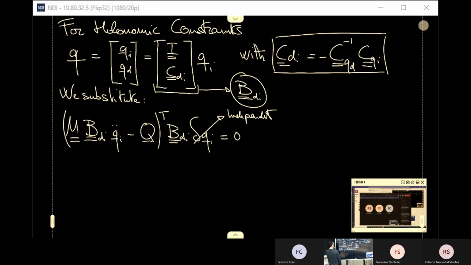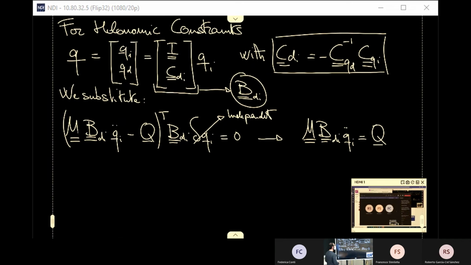Right? And so basically we pass from this one to this one here, double dot, like so.